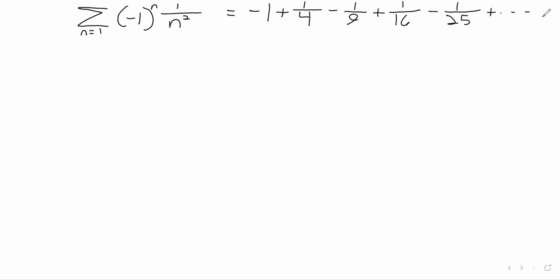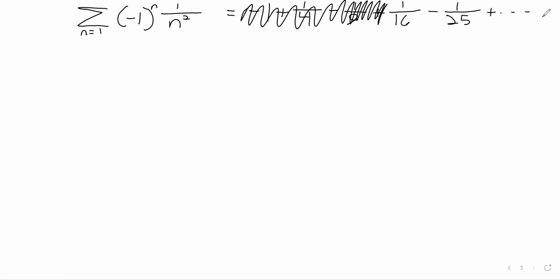And we can't deal with this using the integral test or the comparison test or the limit comparison test. The ratio test would work, but we haven't seen that yet. The limit comparison test was what I was trying to say, because these terms are not all positive, and there are an infinite number of negative terms. If there were just 1 negative term or 2 negative terms, we could just cross them out.